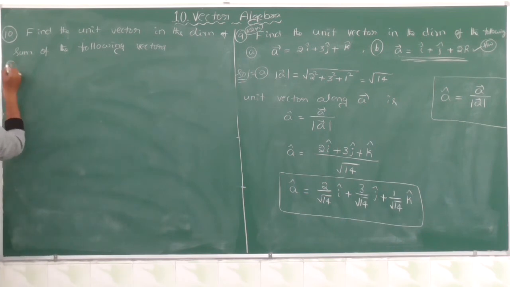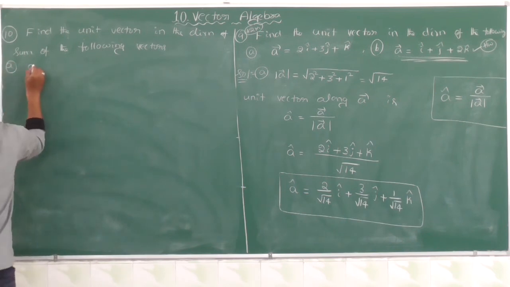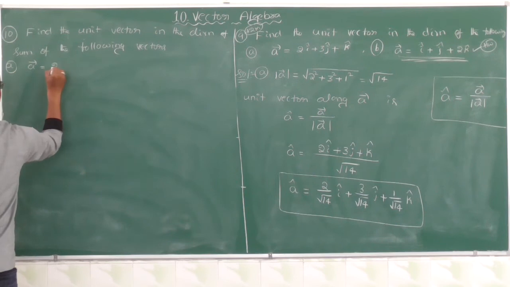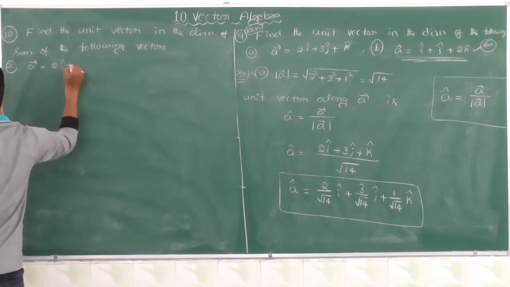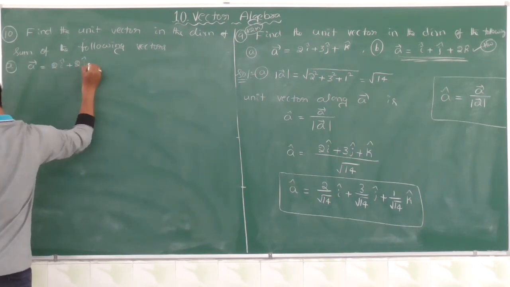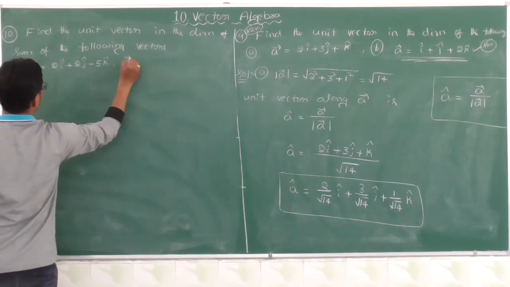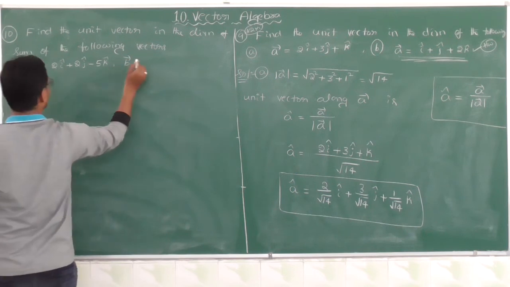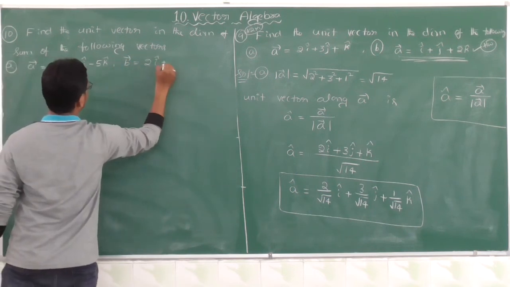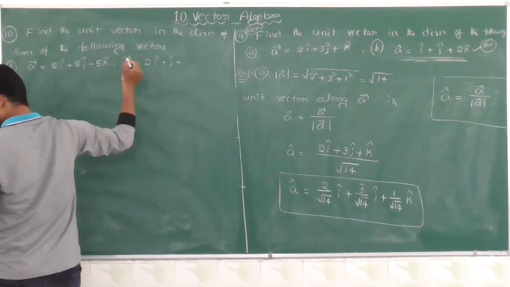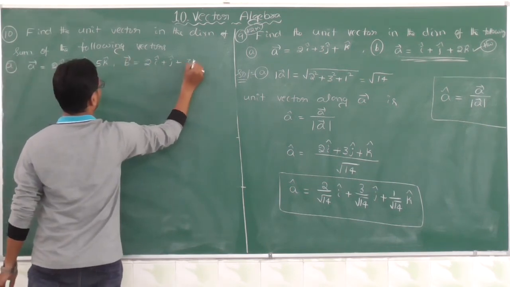First one, A vector equals to 2i plus 2j minus 5k. Next, B vector equals to 2i plus j plus 3k.